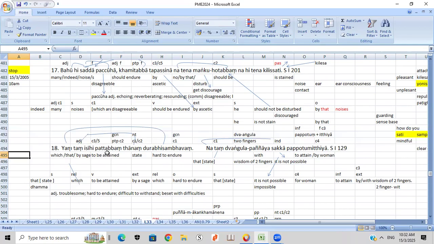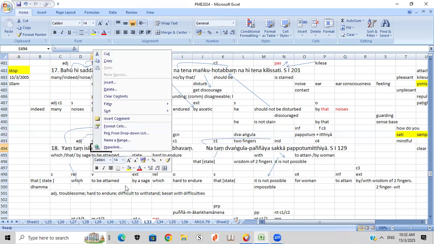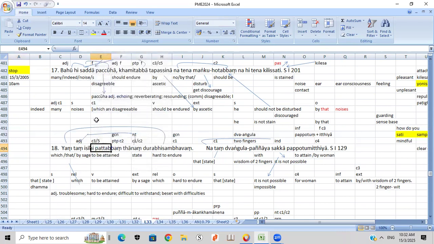So pat tabang means to be attained. Can you see the word? This one is plural, not singular: isi plus he, so it is by sages. Okay, can you see that?